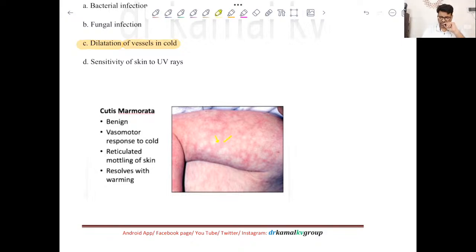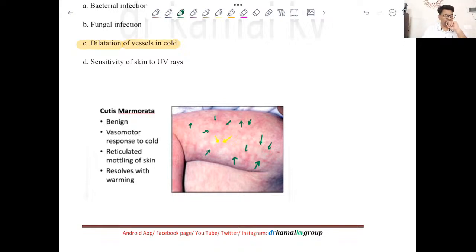And if we just have a look at this condition, you can see there is a mottling appearance, right? Okay. So this is Cutis marmorata, and this is because of the vasodilatation whenever the body, especially of the young ones, is exposed to cold, right?